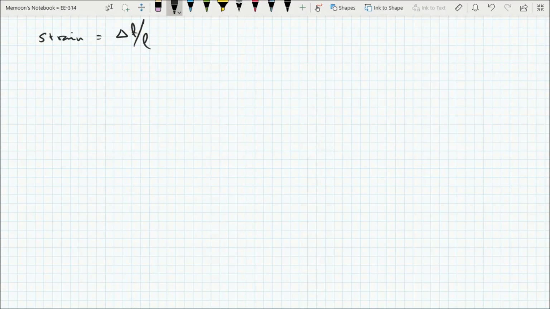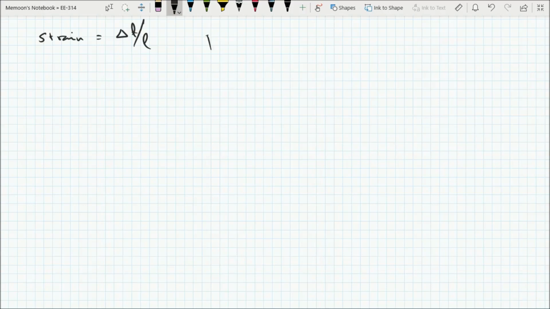Now, how is that ΔL produced, and what is this ΔL? The ΔL is the change in length when a mechanical force is applied on a metallic wire or a metallic piece. When a force is applied and the length of that metal piece changes, this means that its cross-sectional area will also change, because there will be elongation.